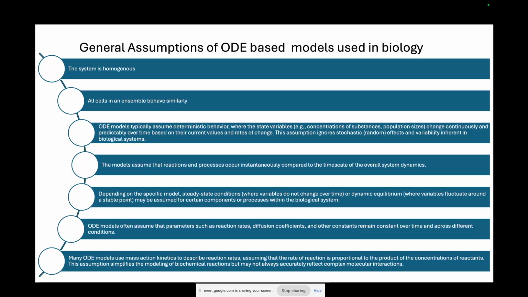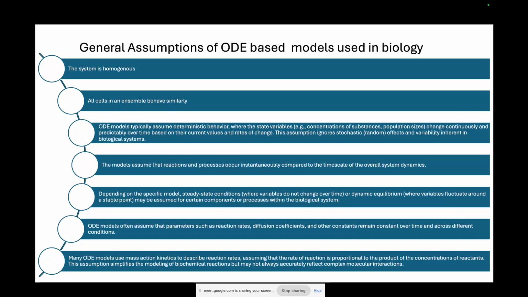The models assume that reactions and processes occur instantaneously compared to the time scale of the overall dynamics. In real biological systems, there are time scales of particular reactions. Some reactions happen in milliseconds, some reactions happen across days. So this is also something that varies across different functionalities of the cell.